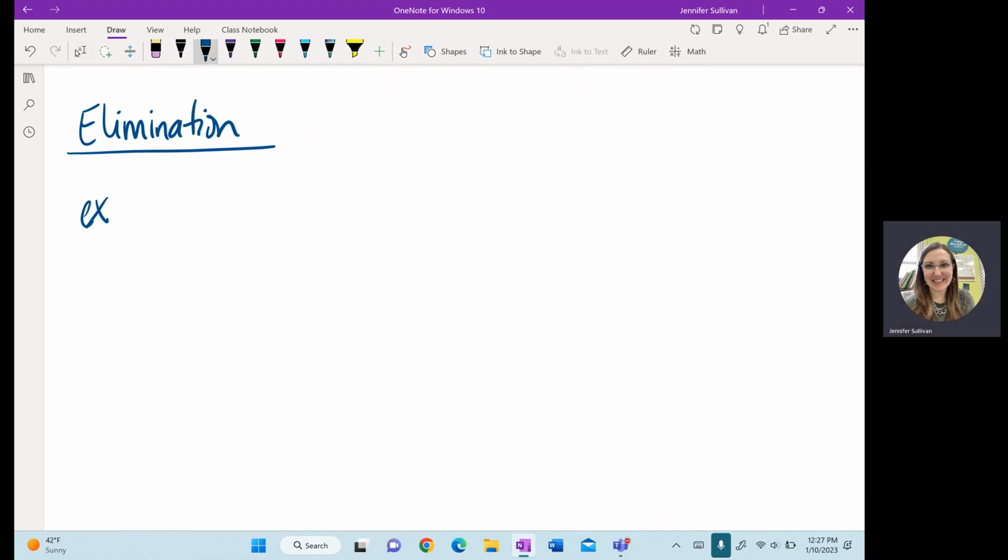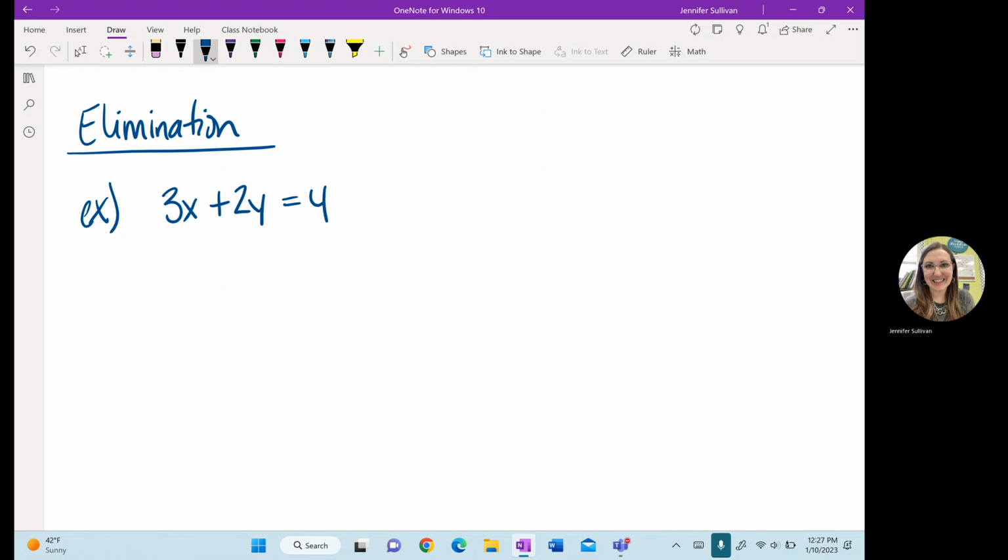If I give you a system that looks like this, 3x plus 2y equals 4, and I give you 3x minus 2y equals -4, and I said, hey, let's solve this system.